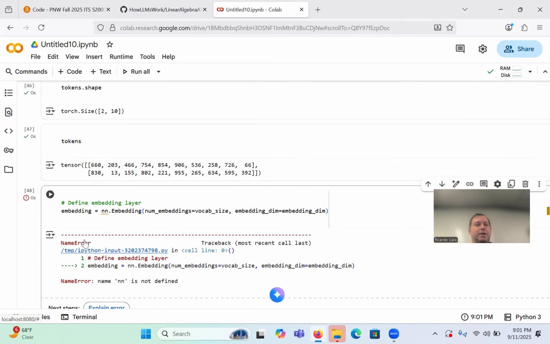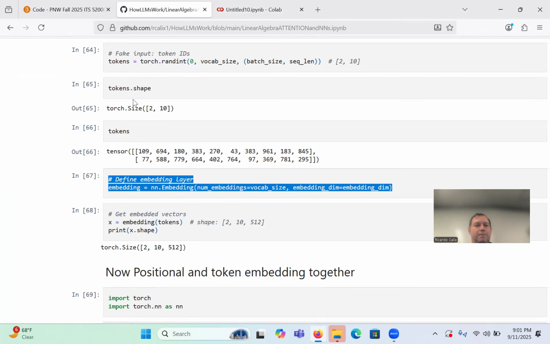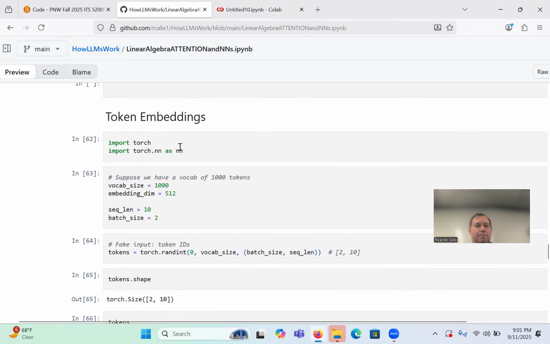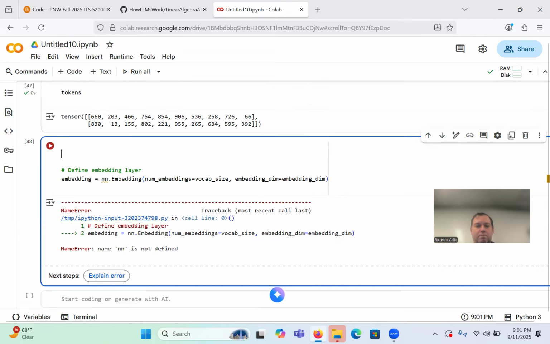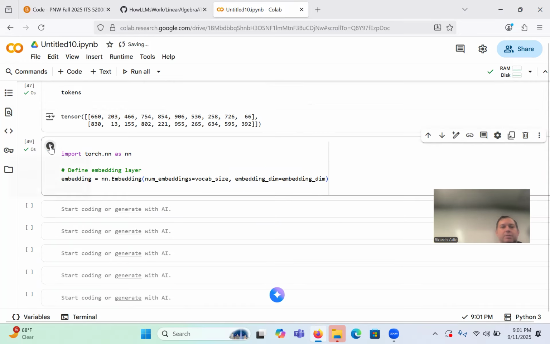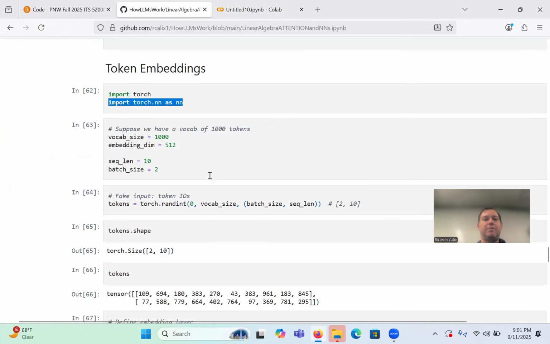Oh, and then it's not defined, so let me grab that. Okay, so there we are. I've created the embedding, and now it's just a layer, so I can just give it data.